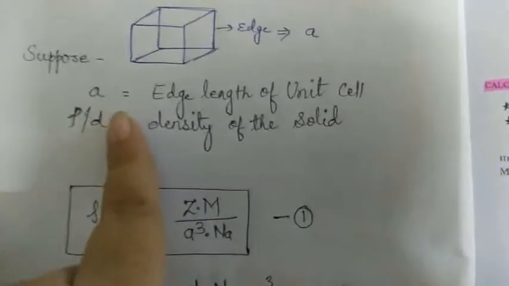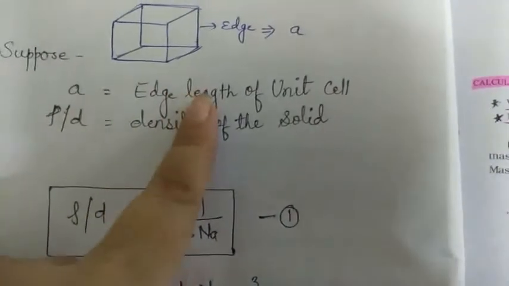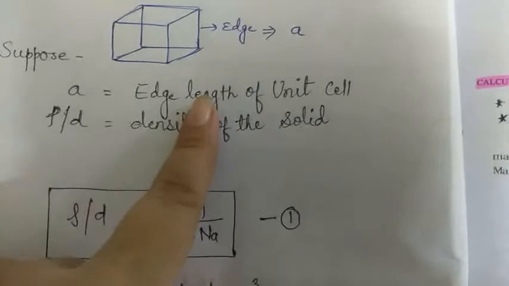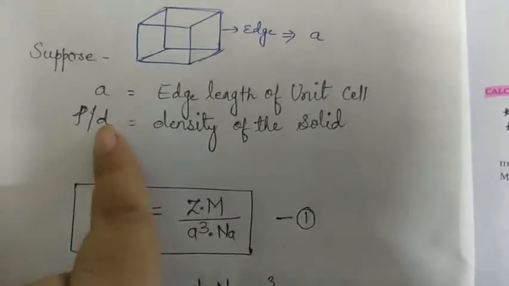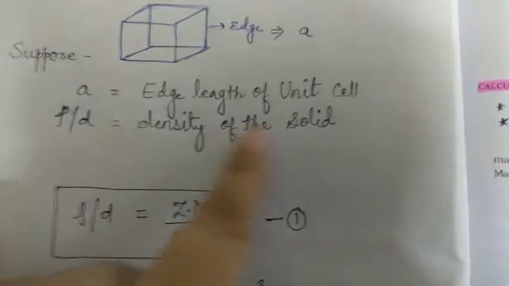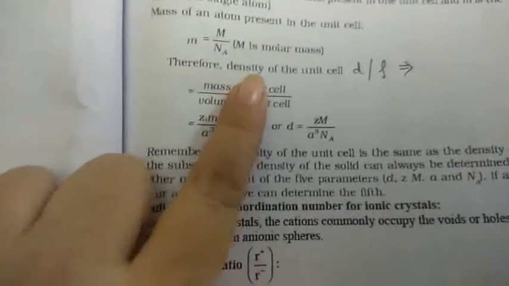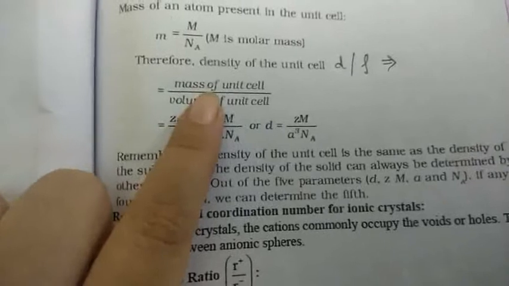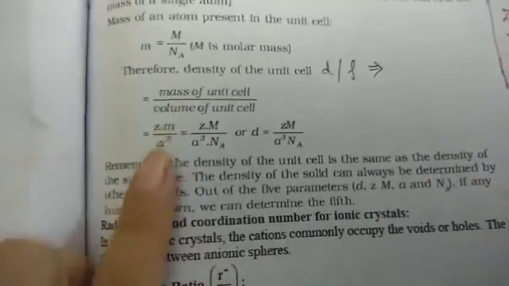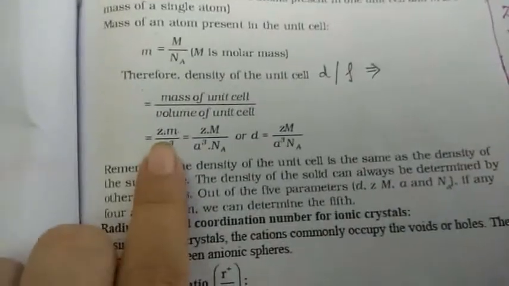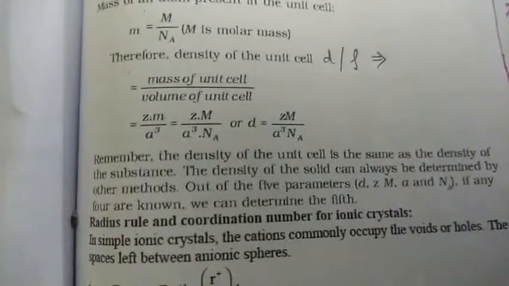Two things we should know: a is edge length of unit cell, or rather you can say side, and rho or d is representing density of the solid. So, on putting the values of mass as Z into m and volume as a cube, we have got the formula Z into m upon a cube.